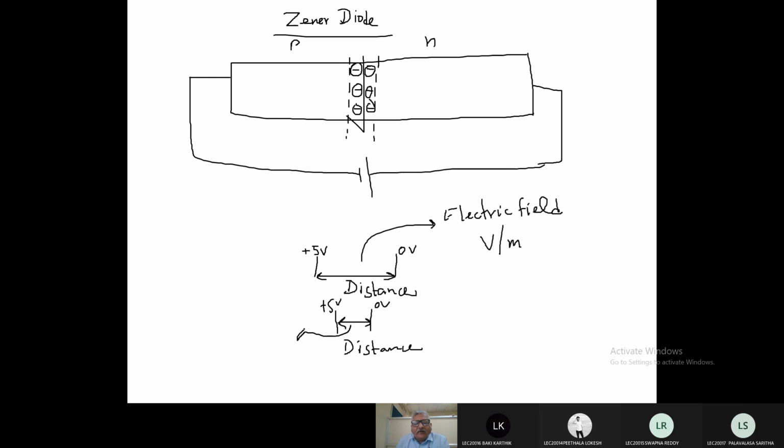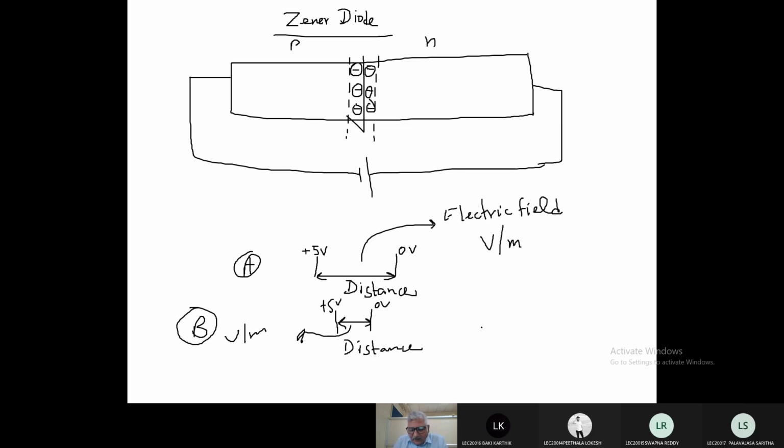So here also we will get some electric field, volt per meter. Suppose this is case A and this is my case B. Will the electric field be more in case A or case B? Someone can tell me.